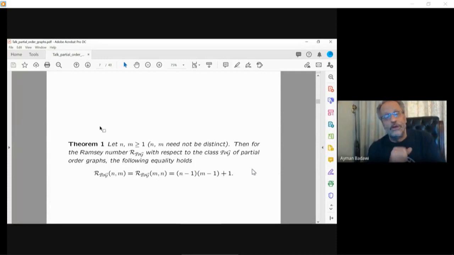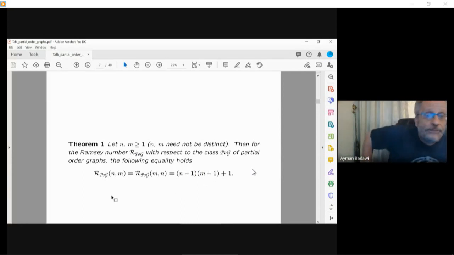Remember that we consider all partial order graphs or Hasse diagrams, with no restriction. And we end up with this theorem that the Ramsey number of the partial order graph, N, M, we have symmetry, is equal to M, N and is equal to this number, (N minus 1)(M minus 1) plus 1.